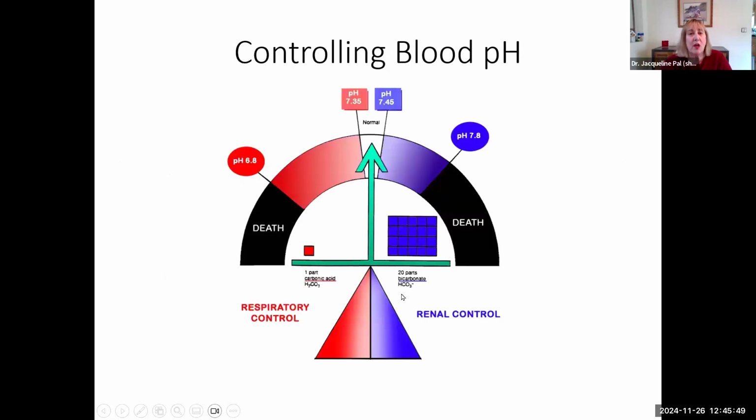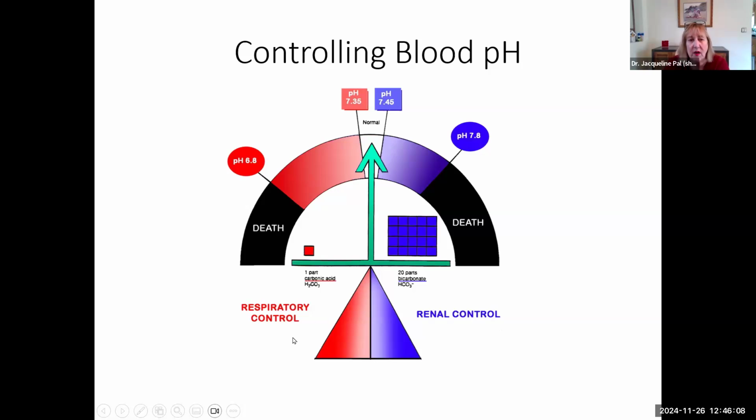All right, so as you can see, this scale is on a pendulum, and this is how we're going to control that pH between that 6.8 and that 7.8, but essentially, we're going to keep it between 7.35 and 7.45.